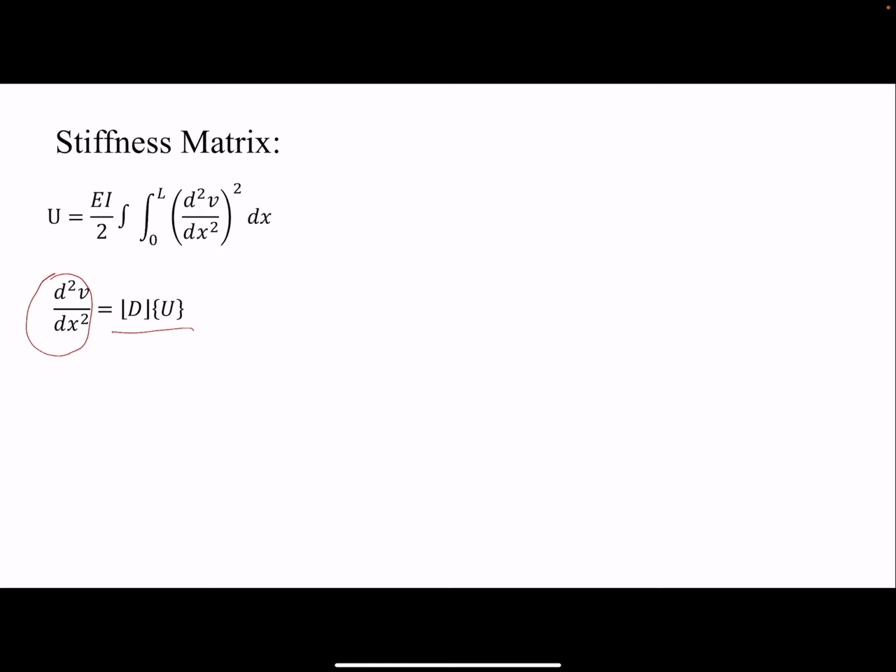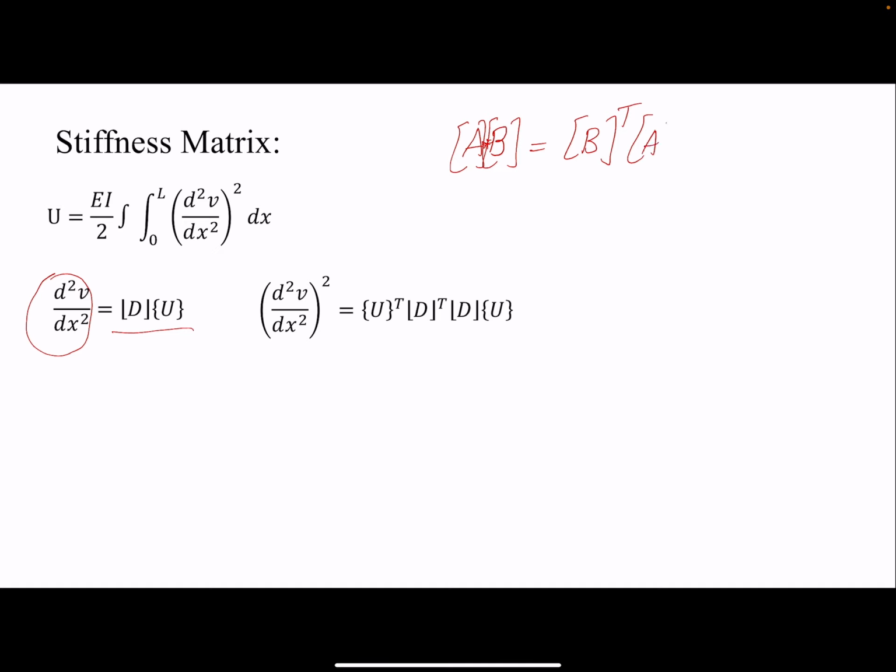How do we multiply matrices together? We multiply them by their transpose so we can have matrix multiplication. You need to remember, in matrices, A times B transpose would be equal to B transpose times A transpose. So the order flips, and that's what we have done here. We multiply by its transpose, so it would be squared.